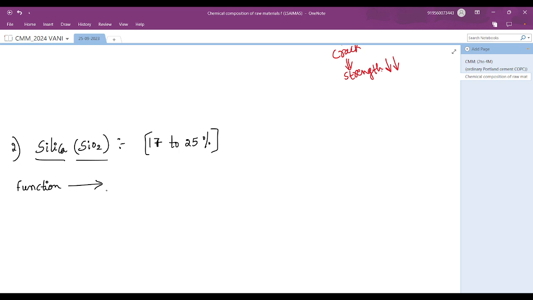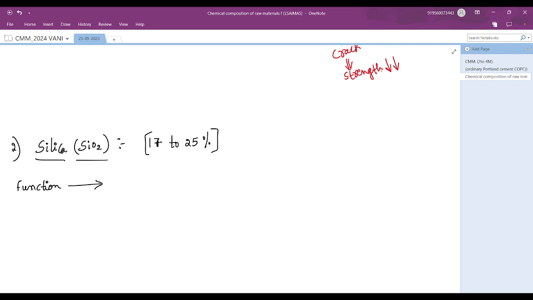This calcium silicate is the combined component due to lime and silica that induces strength and binding. Two types of calcium silicates are present in the manufactured cement: tricalcium silicate and dicalcium silicate. We'll discuss those in detail. Don't worry, but as of now, try to understand what I'm explaining.